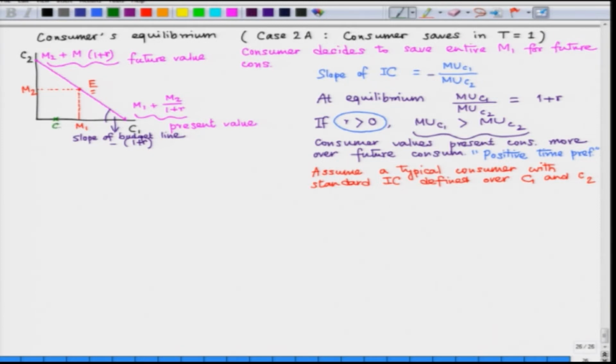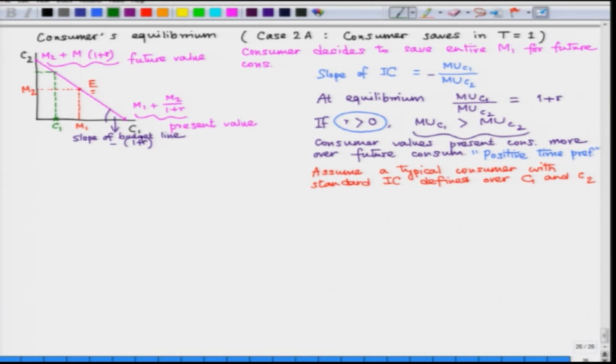So, suppose he or she is consuming only C1. So, if that is the case, then the consumer will go up and meet the budget constraint, and then from there he or she will find the value of the future consumption.